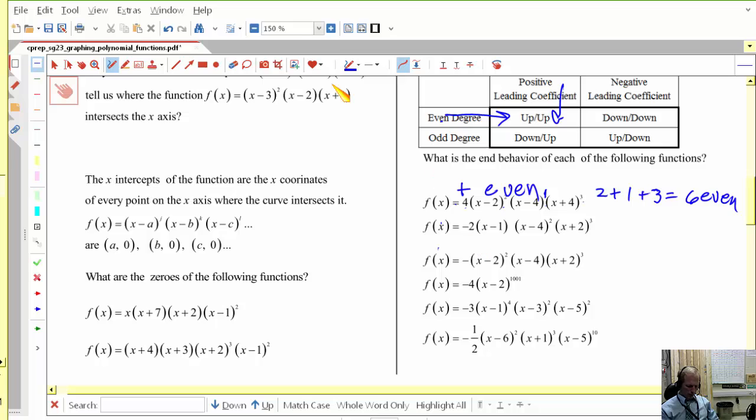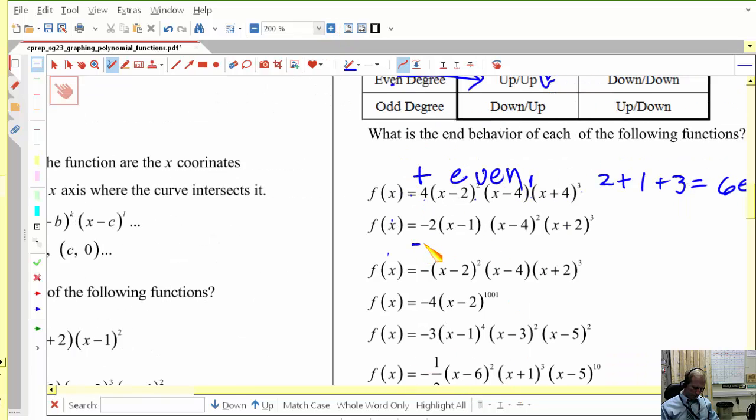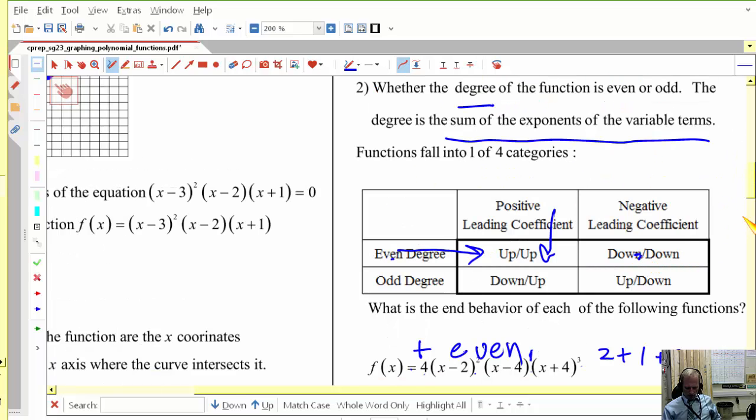All right, the next one is going to be negative because of the negative sign on the leading coefficient. And if I add up the exponents of the terms with variables, I get 1 plus 2 is 3, and 3 is 6. 6 is an even number, so that would be negative even. So it would be down, down.